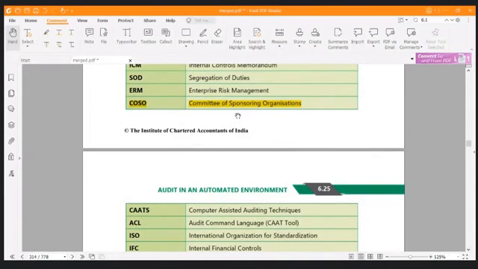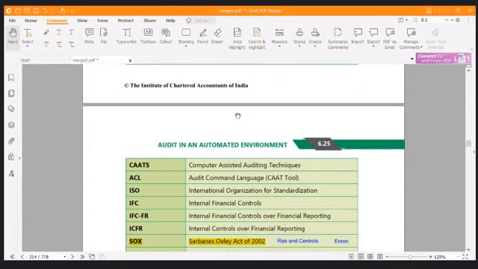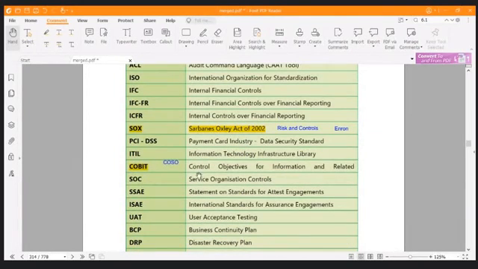They are mostly into internal audits, because the whole aspect of internal controls is for internal auditors. The COSO framework defines internal control, and COBIT stands for Control Objectives for Information and Related Technology. That's all. There's a much larger full form, and that's not actually required for us.